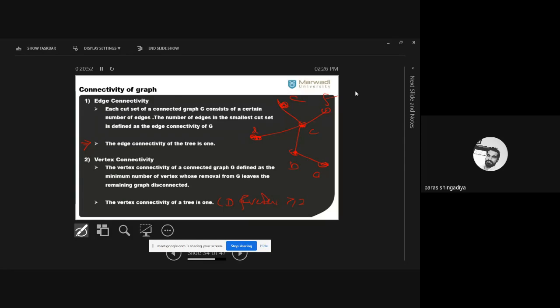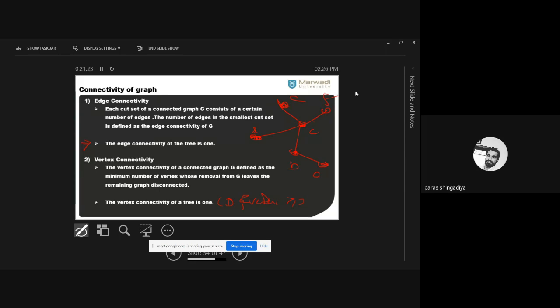If we delete C also, then A and B will be in one partition and the remaining vertices in the second partition. If we delete D, then the graph looks like a connected form. If we delete C, it is also a connected form. Clear? So the degree of that vertex should be greater than or equal to 2. If you consider a vertex with degree more than two, then it gives two partitions of the graph. Clear?